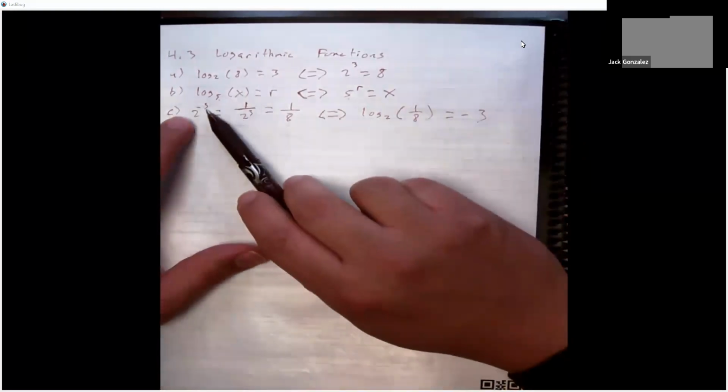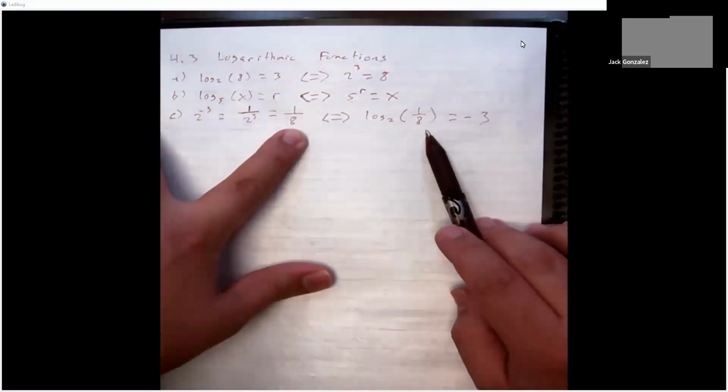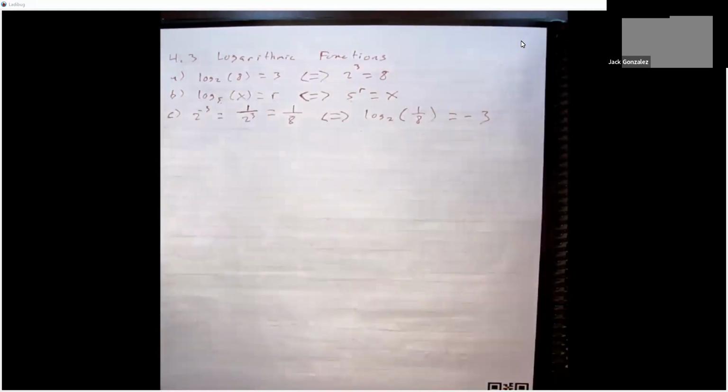So the power is negative 3. The base is 2. The argument inside is 1 over 8. Anyway, we're just applying the definition. There's not much else to really do. We just have to look at the definition, change. That's it.